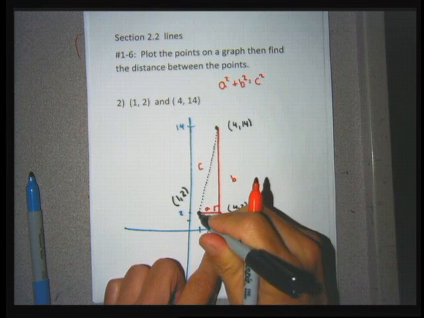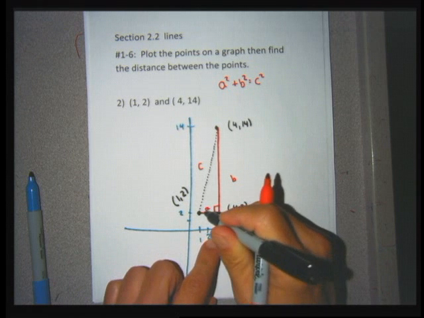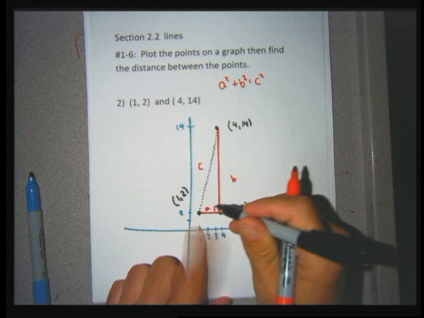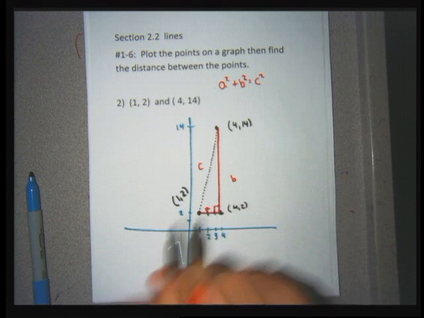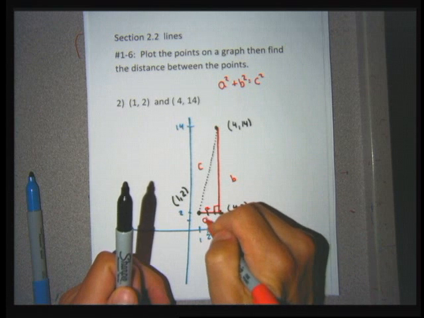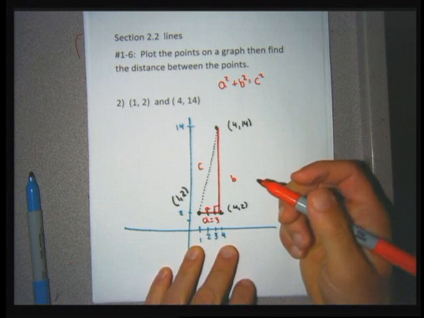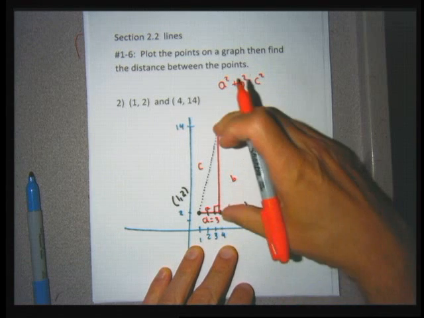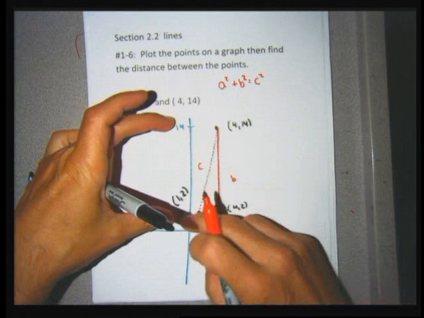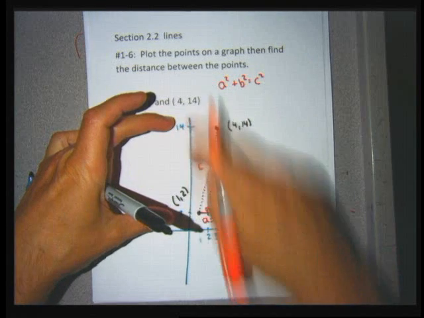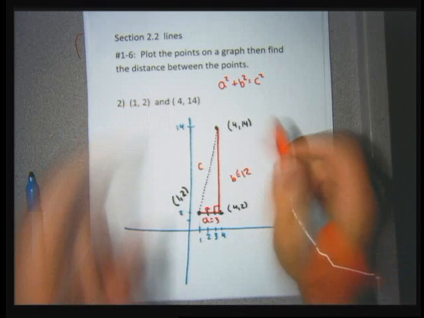A is the distance between this point and that point, and it's just the distance between 1 and 4, so it's just 1, 2, 3. So in my drawing here, the A side is 3 units long. It's the difference between the 4 and the 1. The B side is the difference between this 14 and that 2. So the distance of this side, the difference between 14 and 2, is 12.